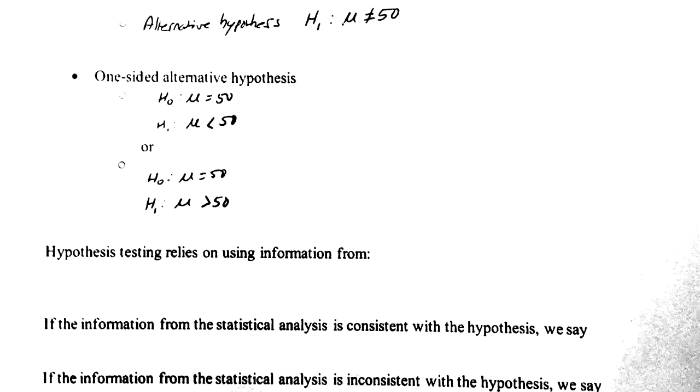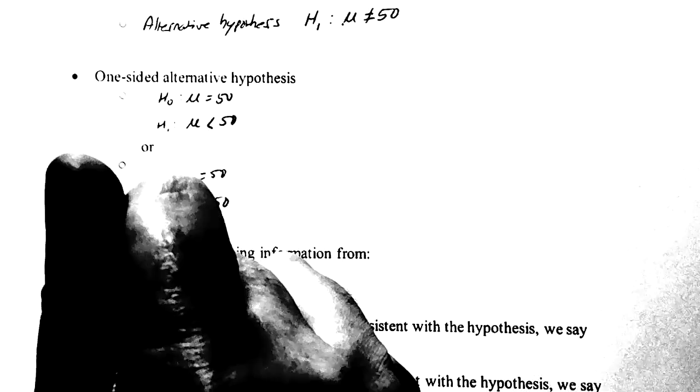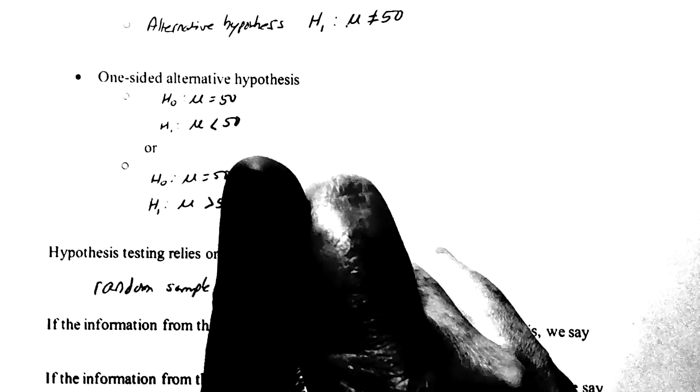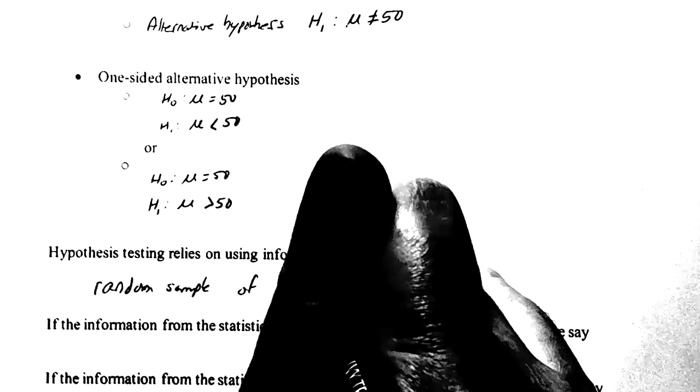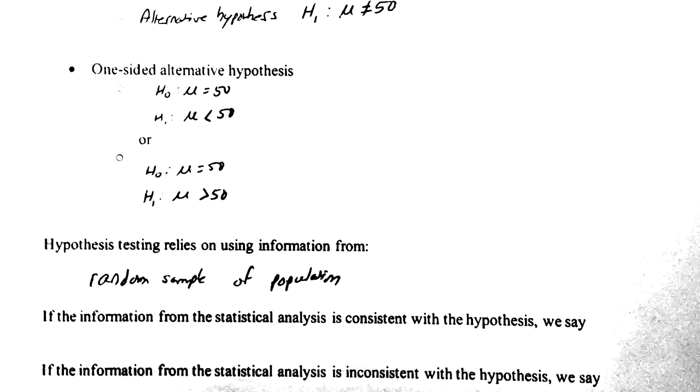And so we're going to collect information from a random sample of the population. And we're going to talk about this because hypothesis testing is looking at a particular random sample, but then we're also going to have levels of confidence on what other samples might be found to be true or false using this hypothesis.